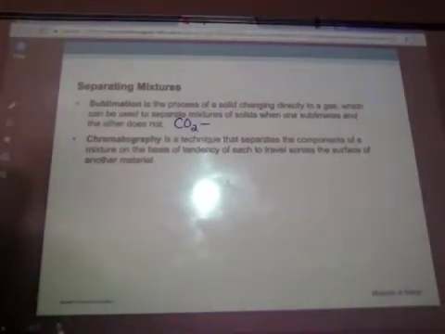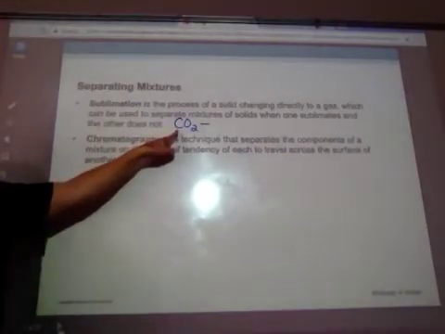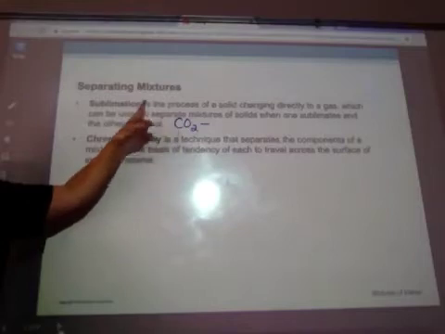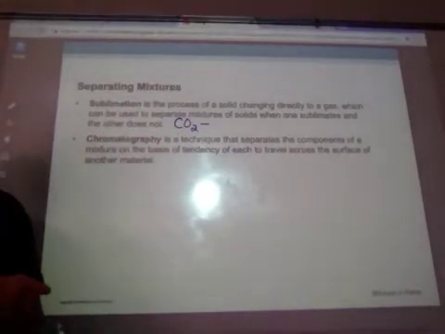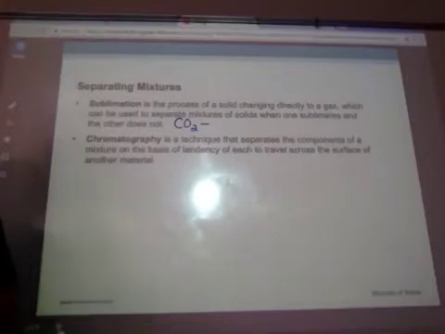And when CO2 is frozen, it's going to change directly to a gas. You can get this at the grocery store sometime. Dry ice, solid carbon dioxide, is dry ice. So it's going to become a gas instantly. So sublimation can be used if one of the solids will actually sublime.